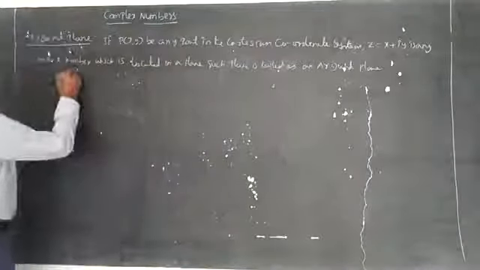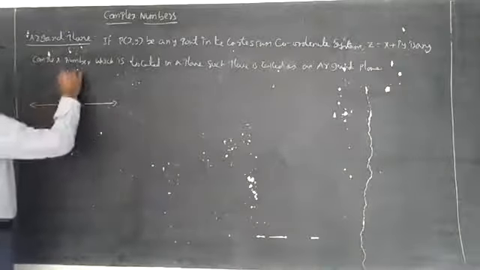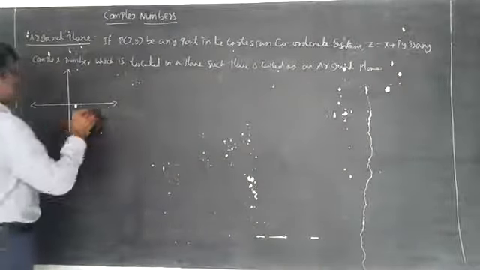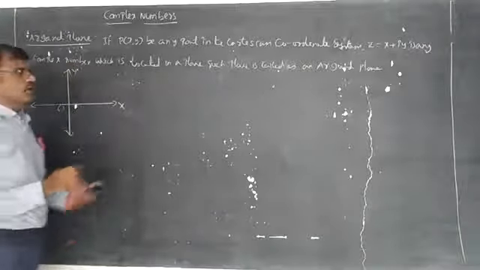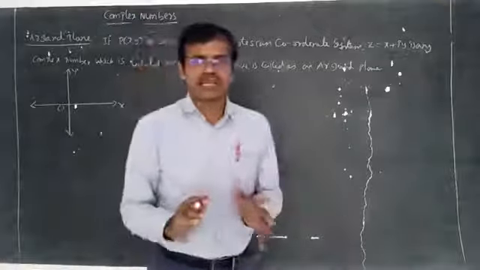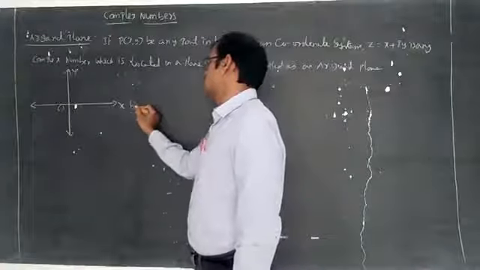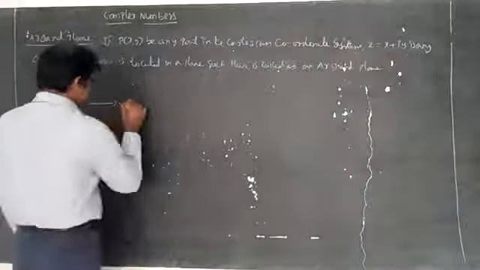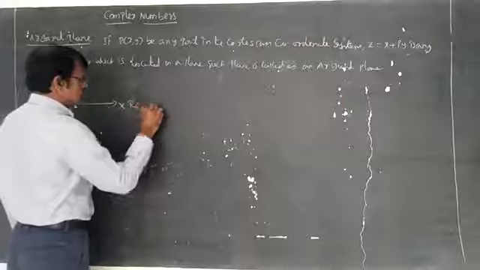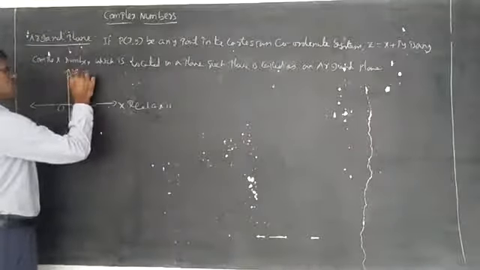What does plane mean here? Of course, it is nothing but the indication of two-dimensional geometry. Let this be the Argand plane, this is x, this is y. Y means imaginary, x means real. This is the real axis, and this is the imaginary axis.